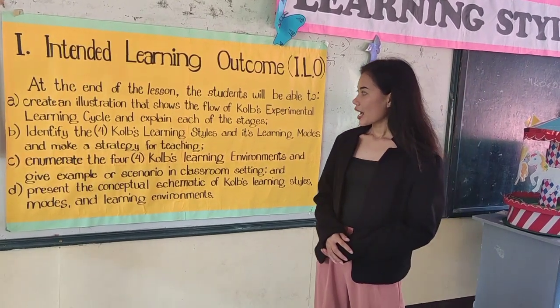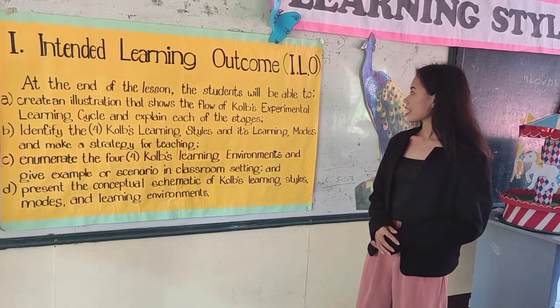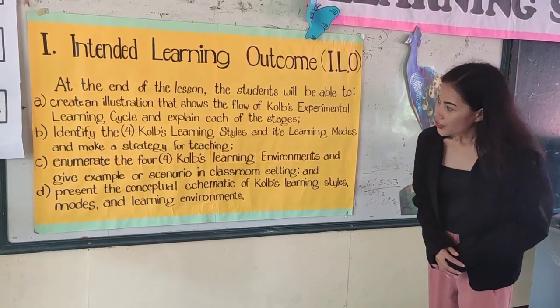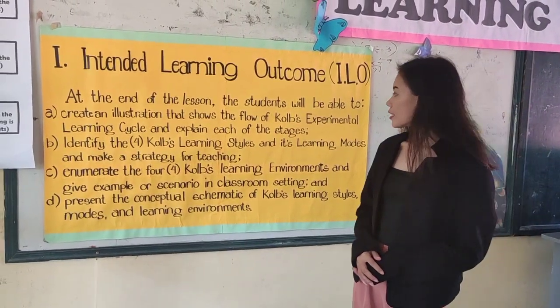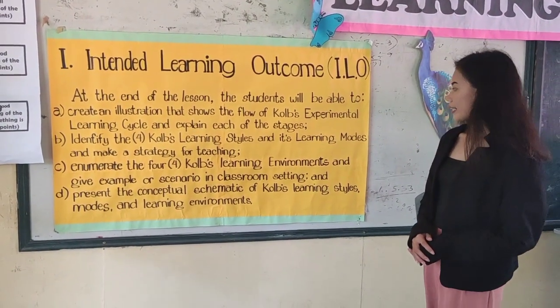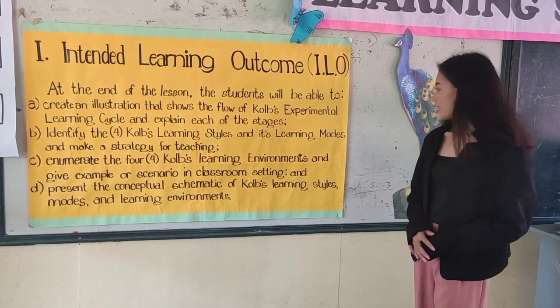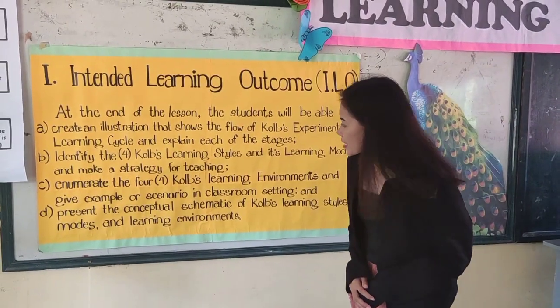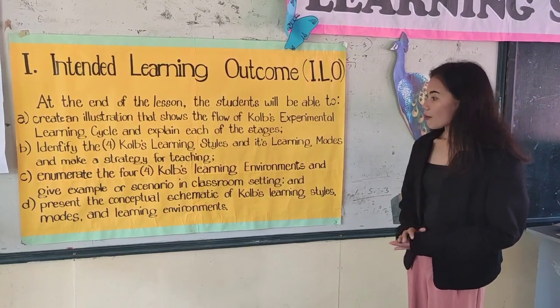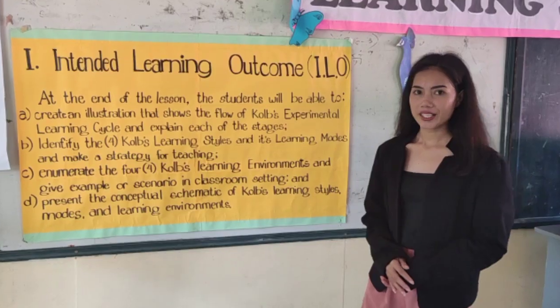Second, identify the 4 Kolb's learning styles and its learning modes and make a strategy for teaching. Third, enumerate the 4 Kolb's learning environments and give an example or scenario in a classroom setting. And the last, present the conceptual schematic of Kolb's learning styles, modes, and learning environments.